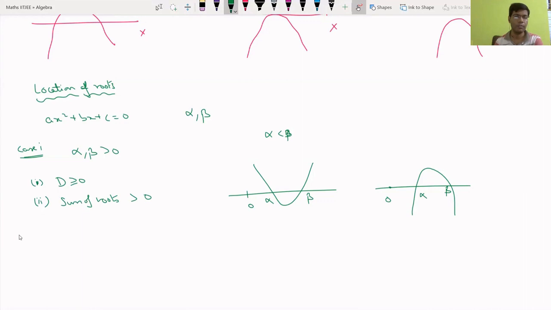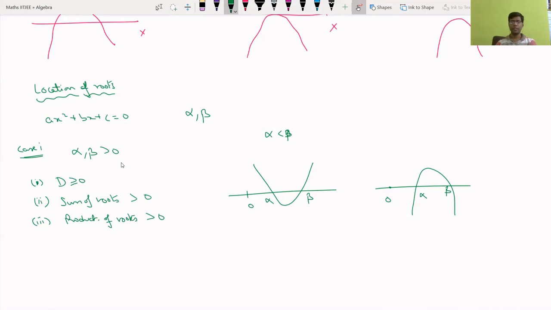That also will be positive. And my product of roots will also be positive because both alpha and beta are positive. So these are the three conditions which we need to check for alpha beta being greater than 0.